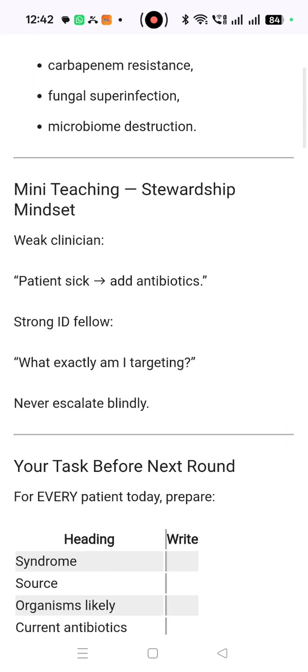Many teaching stewardship points: a weak clinician, if the patient is sick, just adds antibiotics. Ask, what exactly am I targeting? Never escalate blindly. But a good infectious disease fellow will see what to target, and whether that antibiotic is sensitive or not.